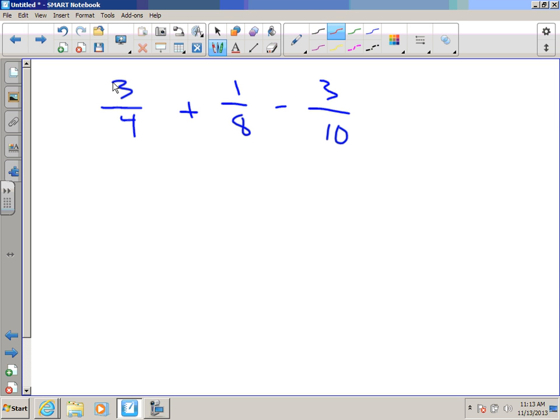So 10 won't work, 20 won't work. Takayla, does 30 work? How about 40? 40 does. So let's convert them all to 40ths.